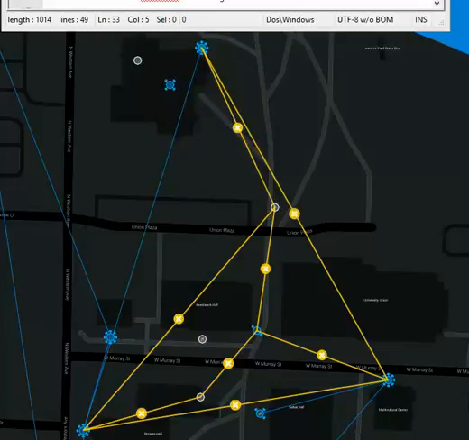And then what's going to be filled in is all these other lines that I didn't fill in before.